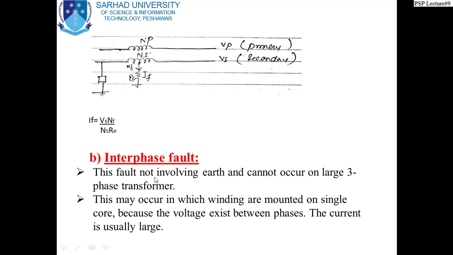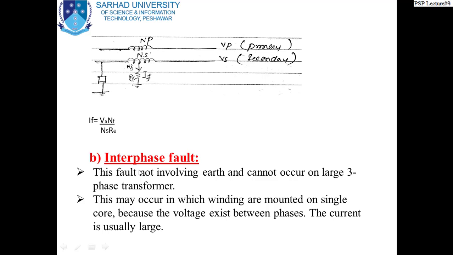Now this fault is between two phases. It is not involving the earth. So this fault cannot occur on a large three-phase transformer. Why? This is because, as I explained in the previous course, in large transformers the single phase winding is mounted in a separate container.